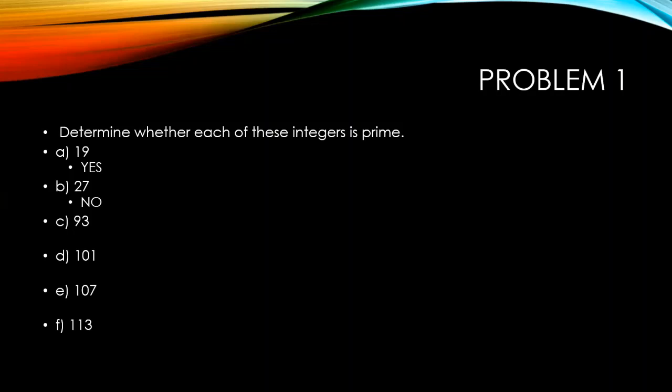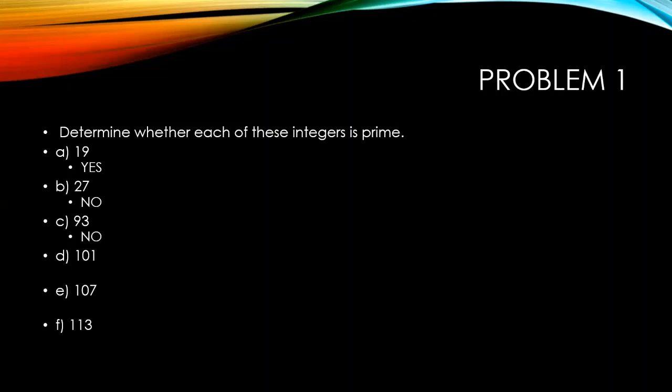Dividing 93 by 1, the result is 93. 93 divided by 2, the remainder is not equal to 0. 93 divided by 3, the result is 31. Therefore, 3 is a factor of 93, and 93 is not a prime number.